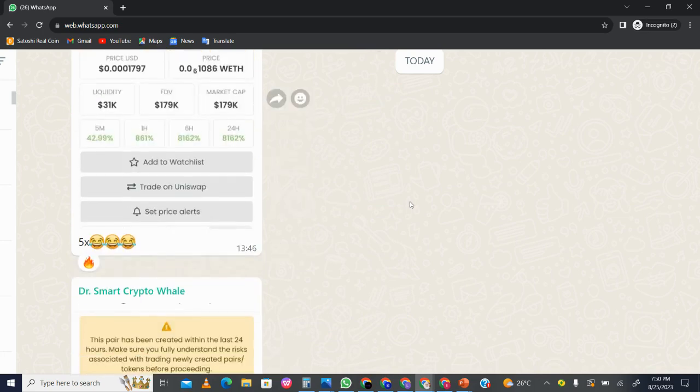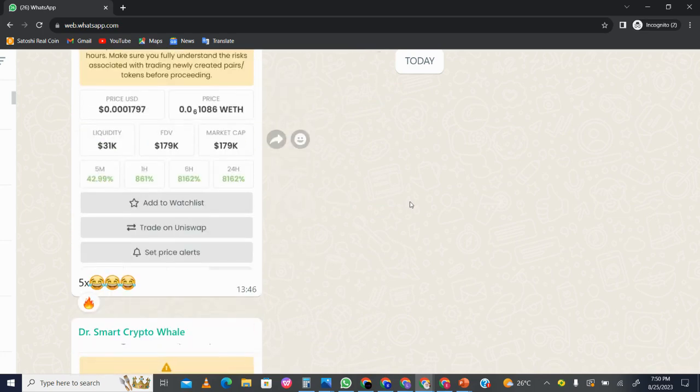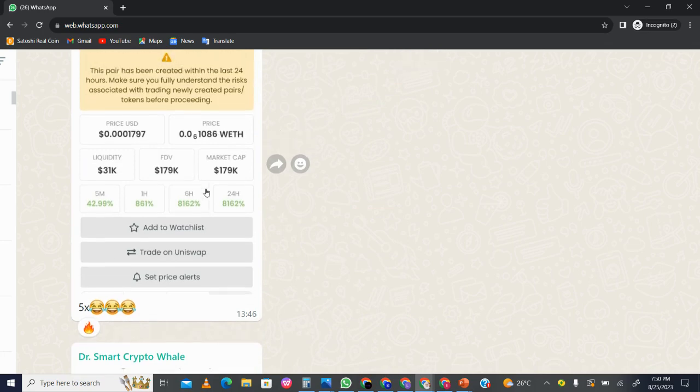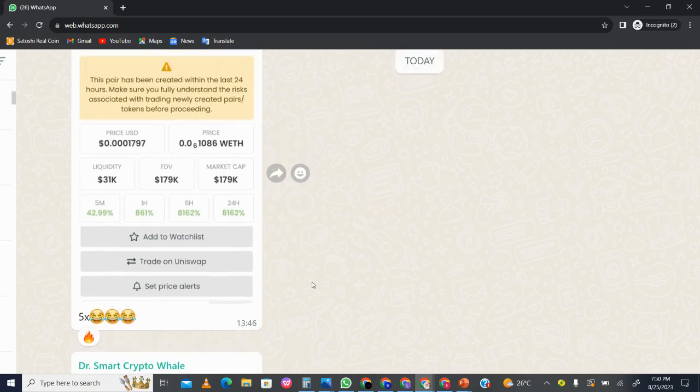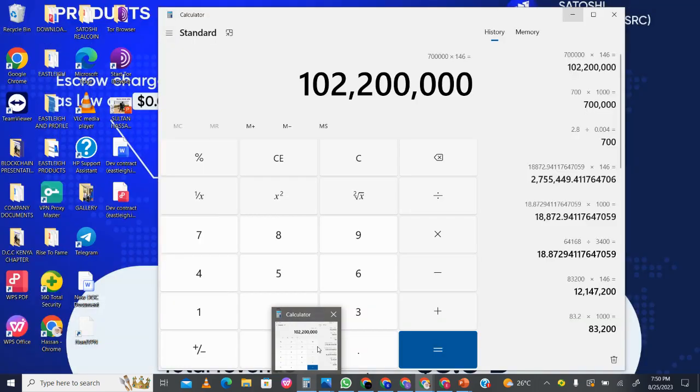By the time it was hitting 1:46 p.m., it had gone up 5 times. This is one way you can accumulate this crypto and hold so that you can wait for the Bitcoin halving when you have at least $100,000 coins.